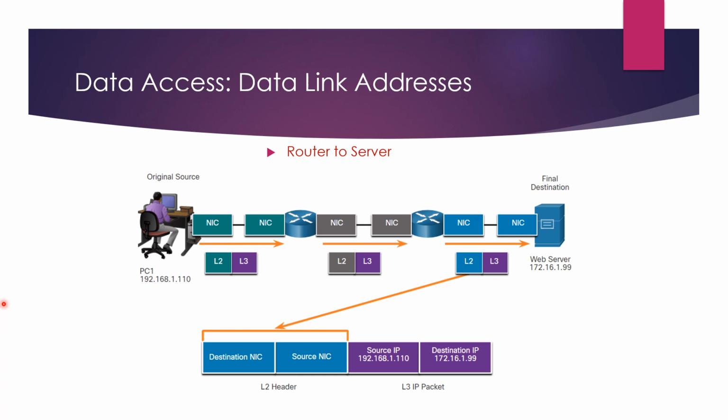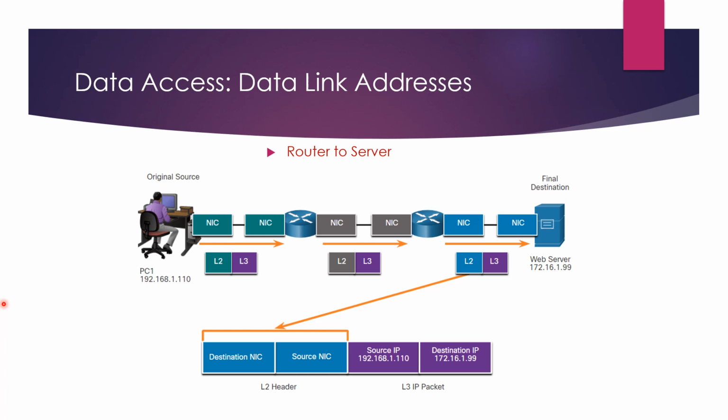As we said before, the IP packets travel from host to router, router to router, and finally router to the destination. At each point along the way, the packets will be encapsulated in new frames.